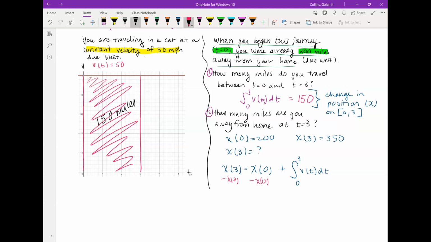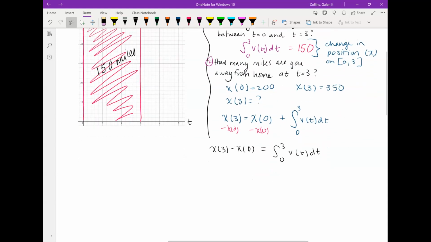What I would have left is x of 3 minus x of 0 equals the definite integral from 0 to 3 of v of t dt. Alternately, I could write that the other way around, using the reflexive property, just switching what is on which side of the equal sign.